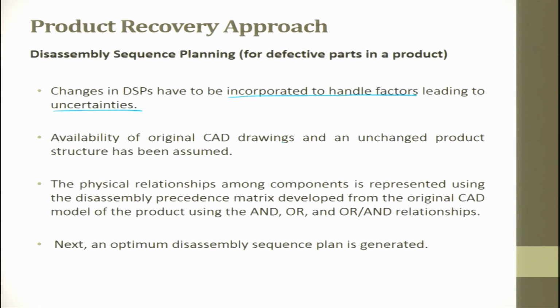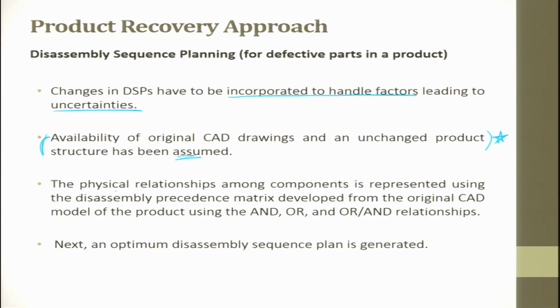Availability of original CAD drawing and an unchanged product structure has been assumed. So, these are all for defective parts. Please note it down: availability of original drawing and an unchanged product structure has been assumed.